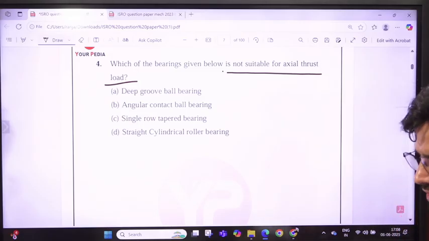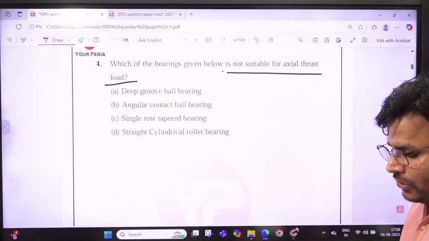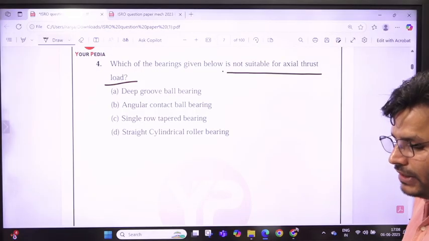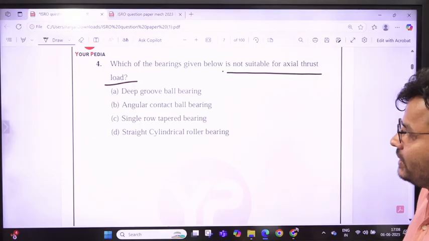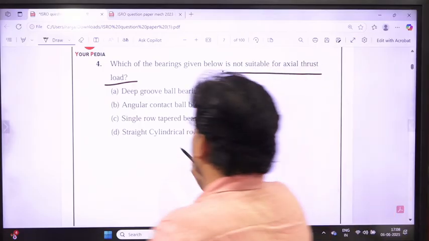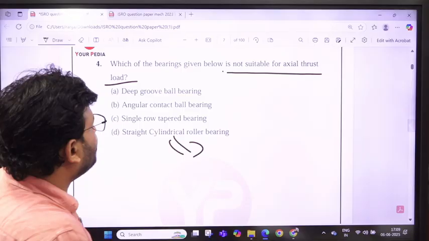See, if you talk about a deep groove ball bearing, it can handle radial as well as axial load, but its axial capacity is what? Limited. A straight cylindrical roller bearing is designed to take what?